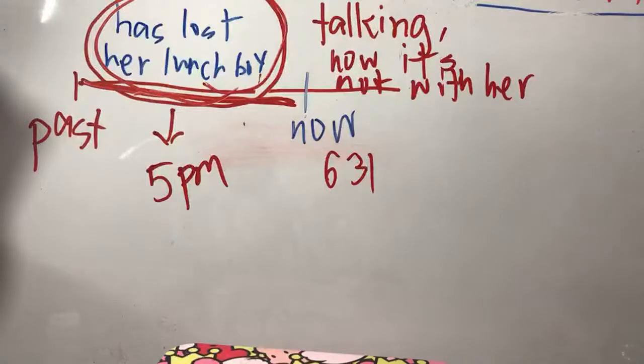Another thing, you don't need to say the time expression. In the simple past, she lost her lunch box yesterday or this morning, for example. You need the time expression there, right? But here, what's important is that something has happened.